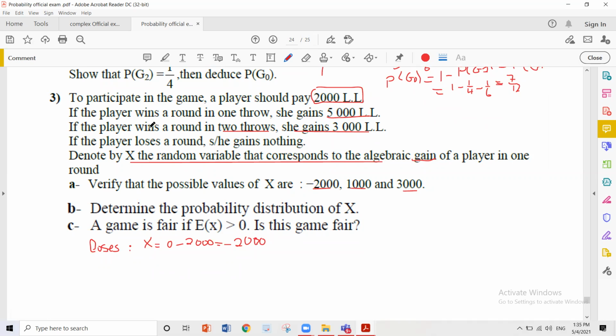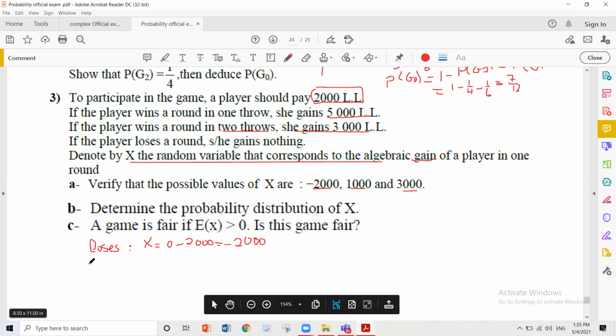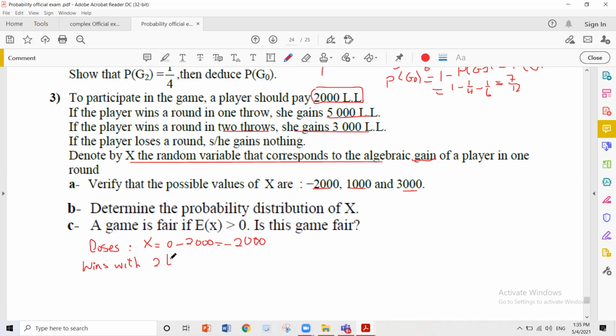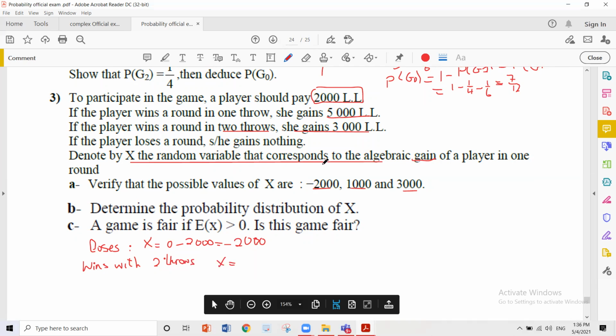If he wins the round in 2 throws, X equals, how much does he gain in 2 throws? 3,000.